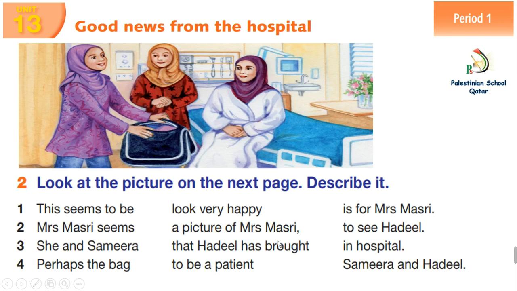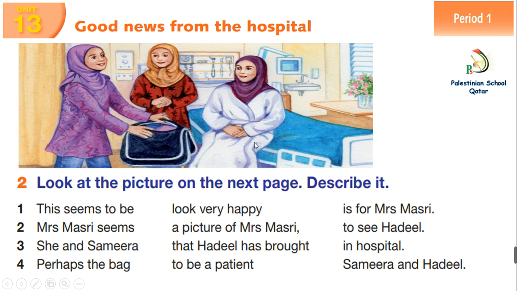Okay, now we come to exercise number 2. Look at the picture on the next page and describe it. Here in this picture, everyone, we have 3 women. The first one has a bag, and actually all of them seem happy. Yes, they seem happy, and they are in a hospital.